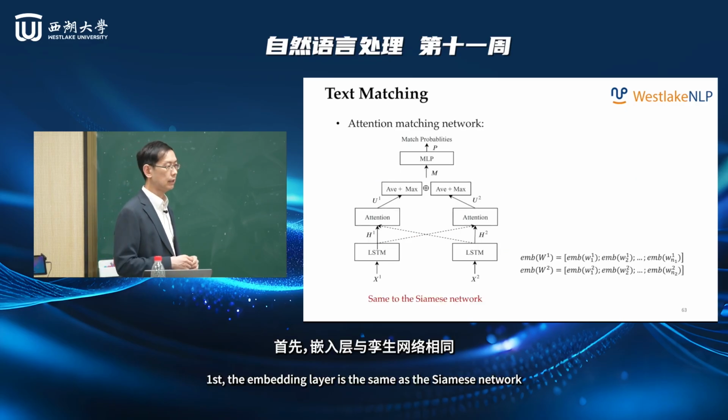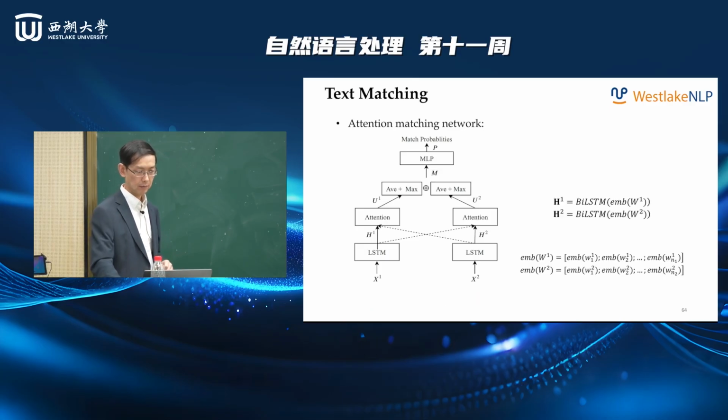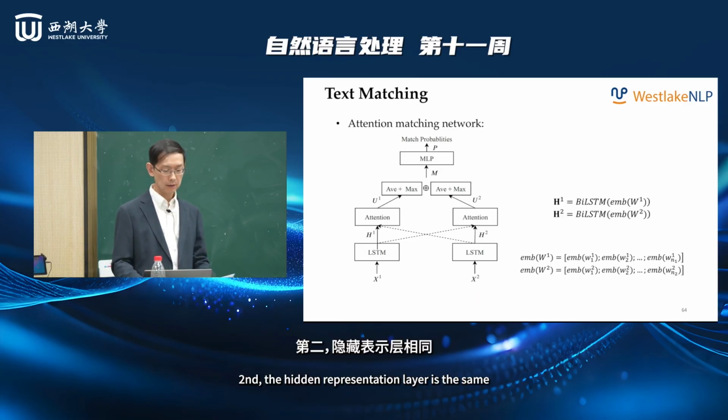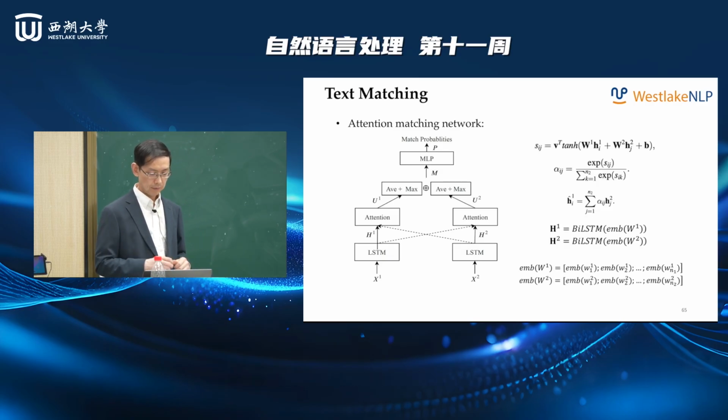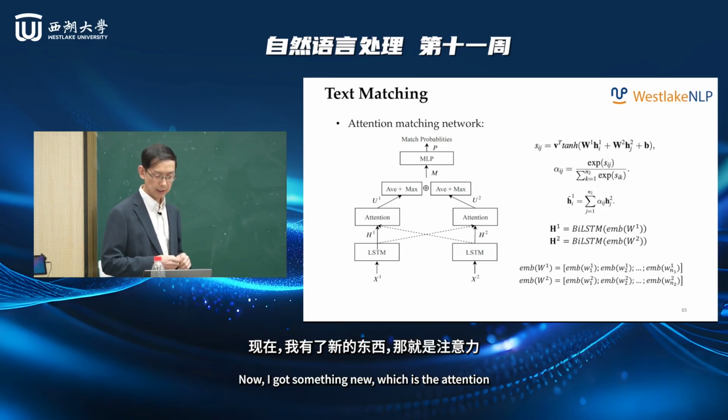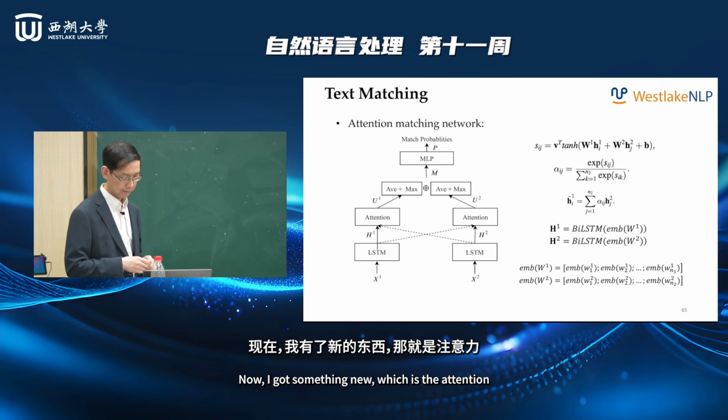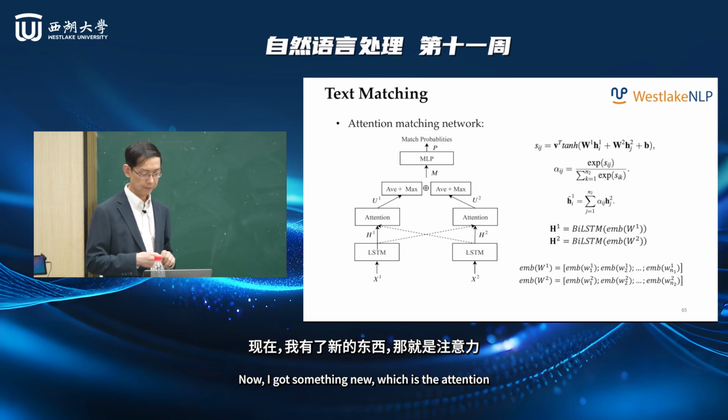First, the embedding layer is the same as the Siamese network. Second, the hidden representation layer is the same. Now I got something new, which is the attention. What is attention?